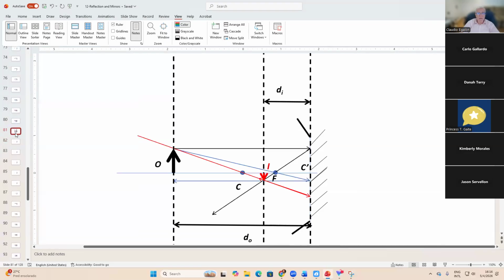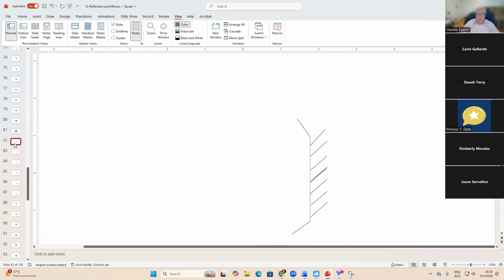Next, okay, that's one of them. Now we're going to move the object closer to the mirror. Okay, again, concave mirror, principal axis of the mirror, center of curvature, focal point, C prime, the point where the principal axis intersects with the mirror.